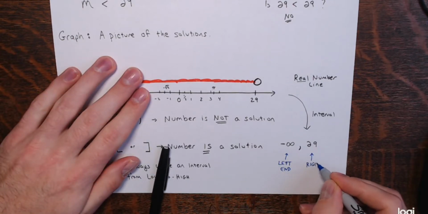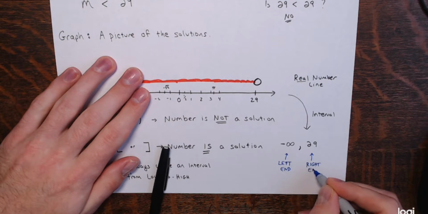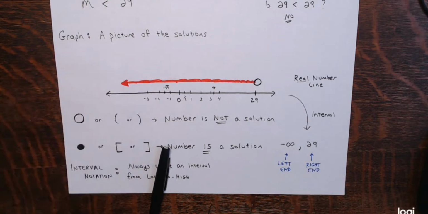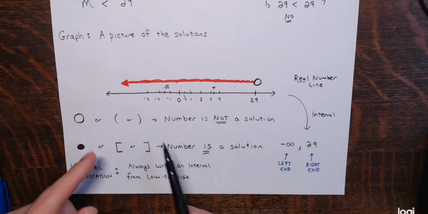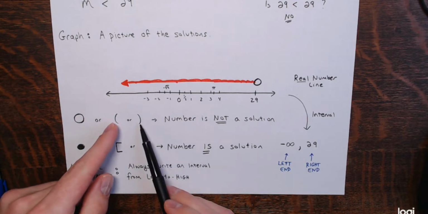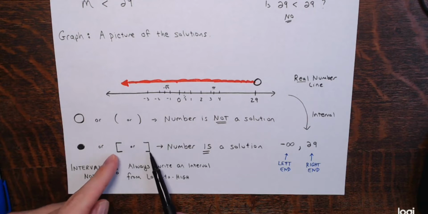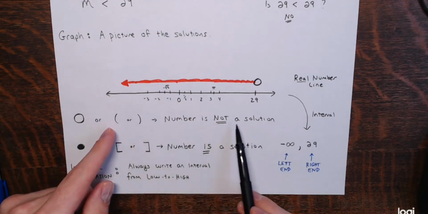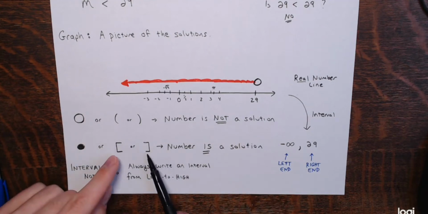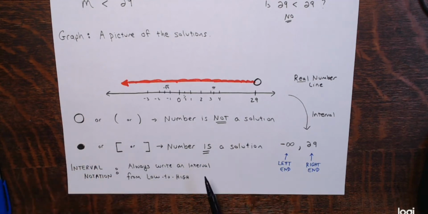The right end of this interval, the right end of this solution set. And then you cap off these numbers with either parentheses or brackets. And like I said earlier, parentheses are used if the number is not a solution, and brackets are used if the number is a solution.